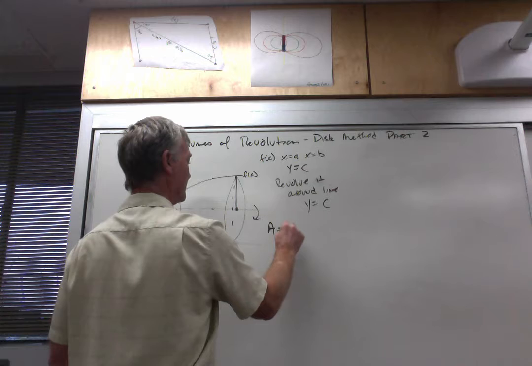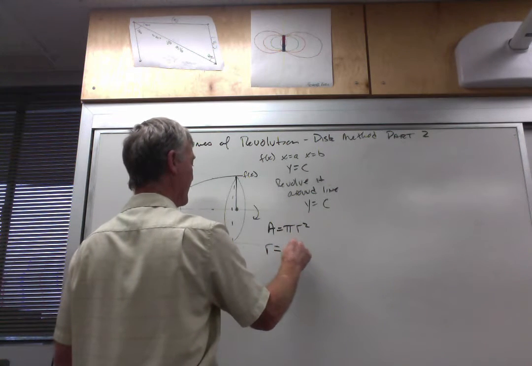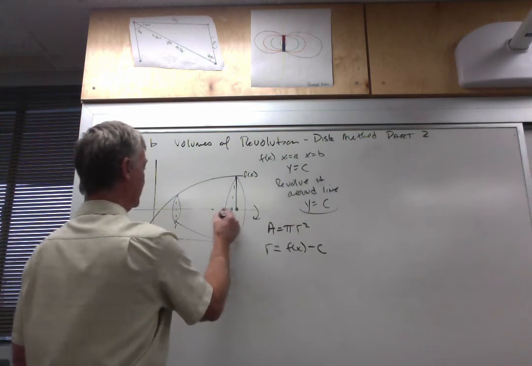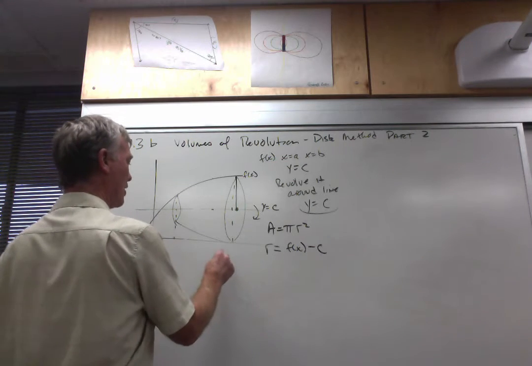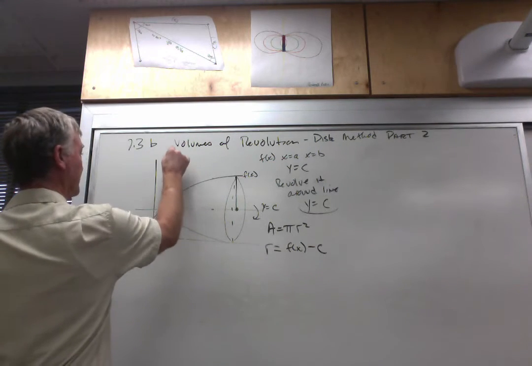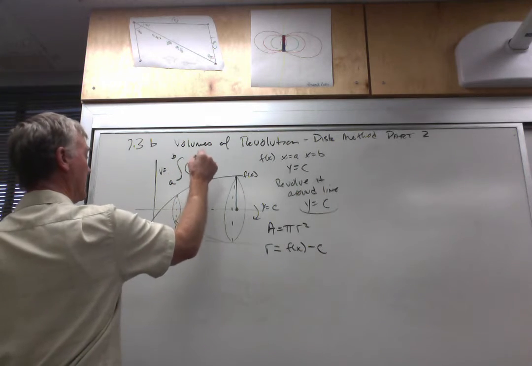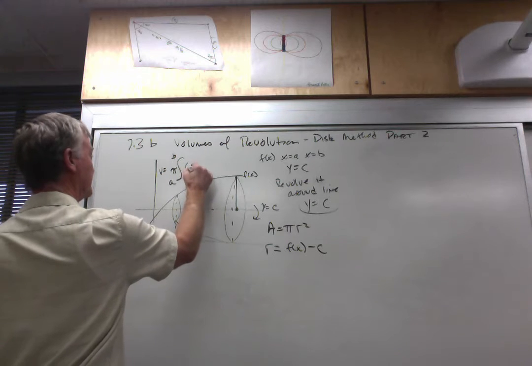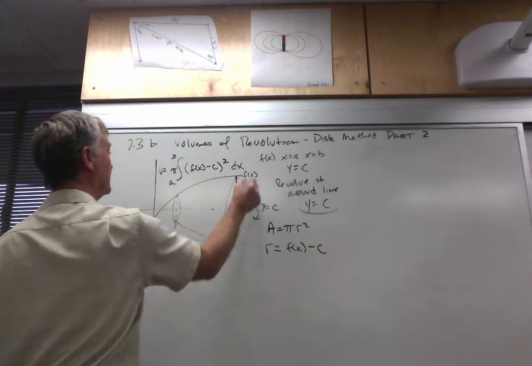My area is still going to be pi r squared, but my radius is f of x minus c, because this line was y equals c. As a result, the volume would be from a to b, pi out in front, times f of x minus c squared dx.